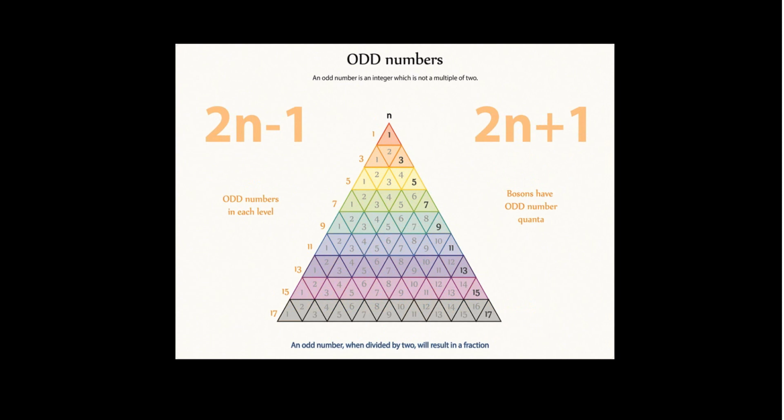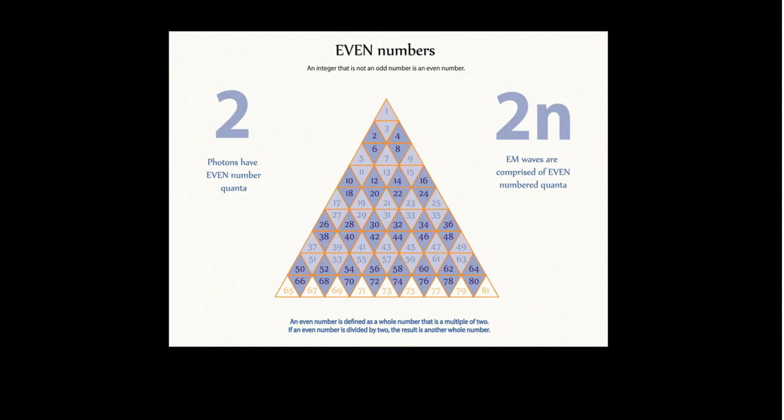You can also look at them in pairs, and a pair of bosons is a photon, which would obviously have the formula 2n, or 2 nu if you're talking Planck's quantum, which equals Planck's hf, Planck's constant times f, the frequency of the photon.